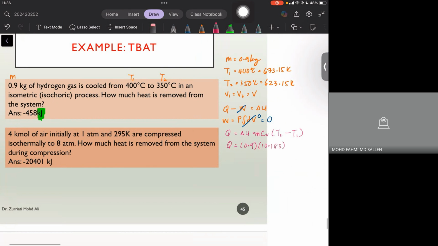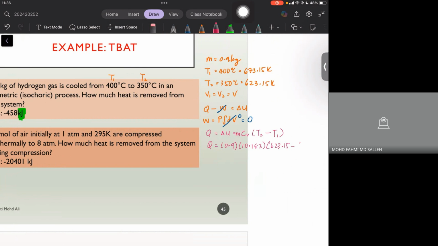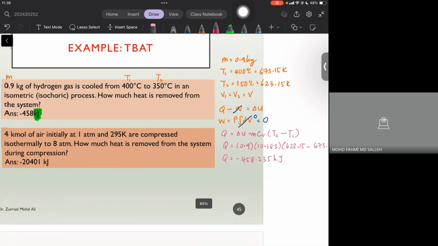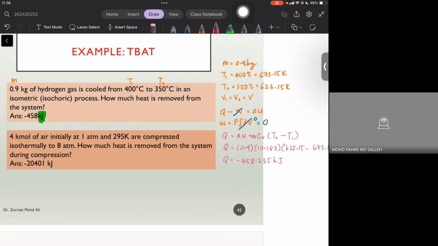Times the difference between T2, 623.15, minus 673.15. You get the heat transfer as minus 458.235 kilojoule. The negative sign represents the heat that is being removed from the system.